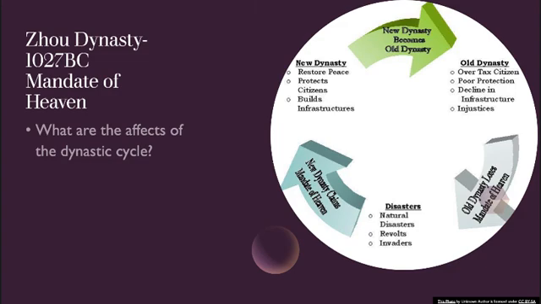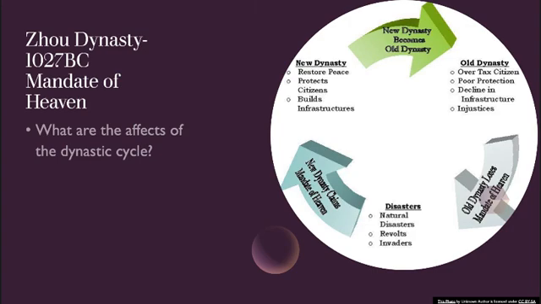And those are some of the effects. Okay? So it was the king's duty to rule properly and keep the gods pleased in order to prevent natural disasters. If the king failed to do so, he would be overthrown. That's what caused the dynastic cycle to form.